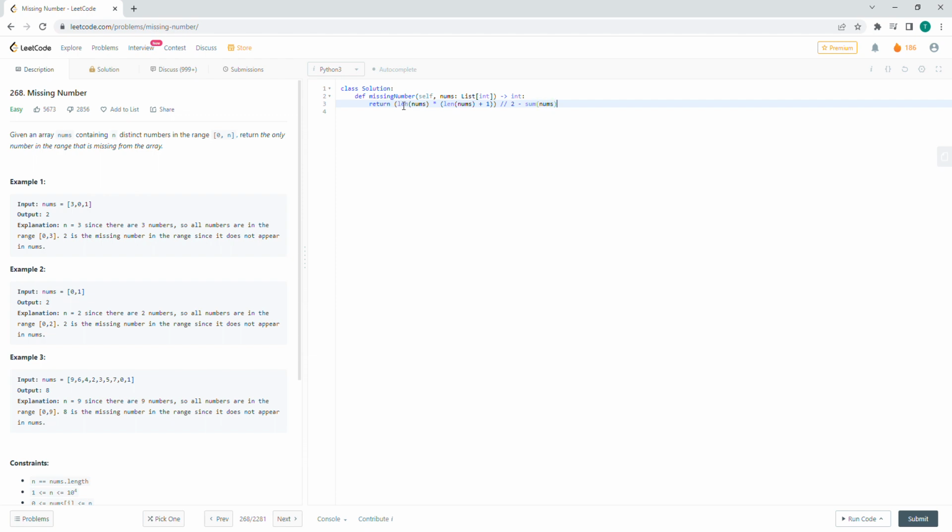Once we use Gauss's formula and minus it from the sum of all the numbers, then the remaining number will be the number that's not included in the summation of 0 to n.